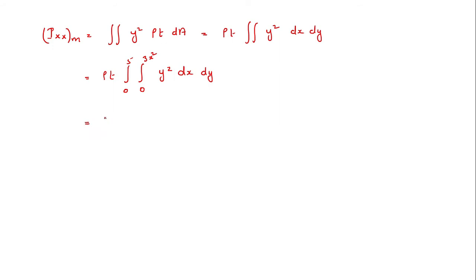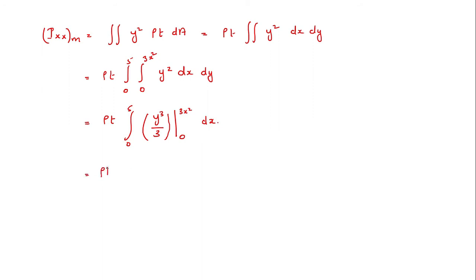Now rho t into 0 to 5, integrating with respect to dy, this will give me y cube by 3 varying from 0 to 3x square into dx.